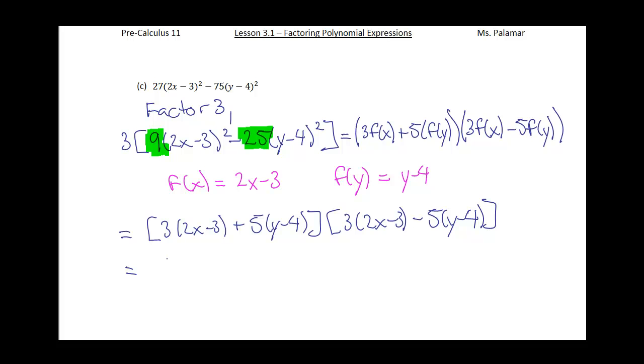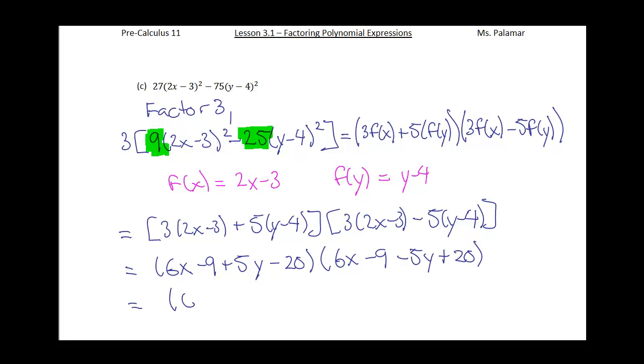Simplifying, we get 6x minus 9 plus 5y minus 20 and 6x minus 9 minus 5y plus 20. Collecting like terms, we find 6x plus 5y minus 29 and 6x minus 5y plus 11 as our binomials here.